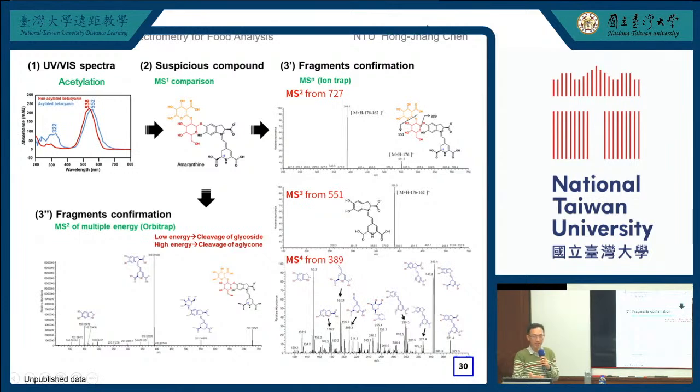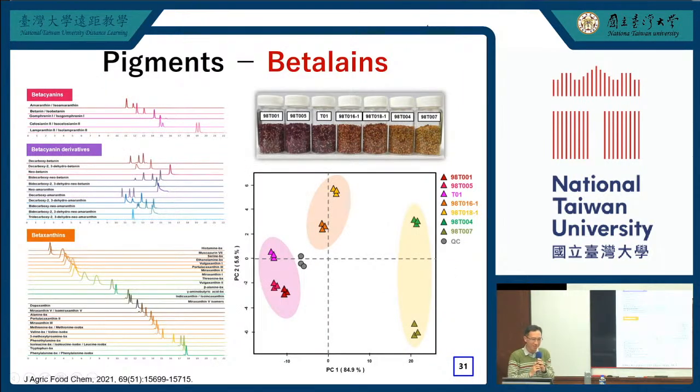It's very dramatic, right? It's just like a puzzle, rearranging the fragments together to form a compound. It's very interesting for me, but it's hard work. So finally, we could identify 68 beta-cyanins in Julius in just one single experiment by MS technology.